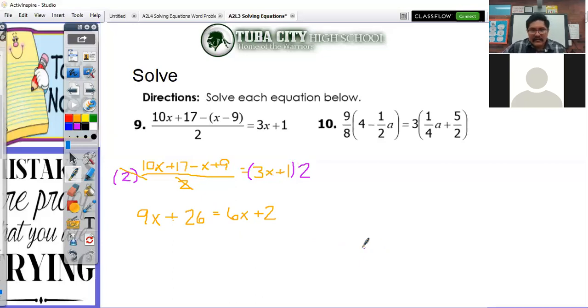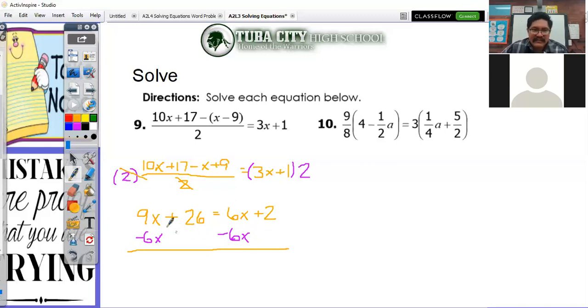And again, I'm going to have to do a little bit of a trade, right? So this side, I'm going to put all the x numbers, and on this side, I'm going to put all the regular numbers, all the constant values. So I want to move 6 out of here, because if I move 6 over here, x will be even. And just to save space, I normally don't do this if I have to write everything out.